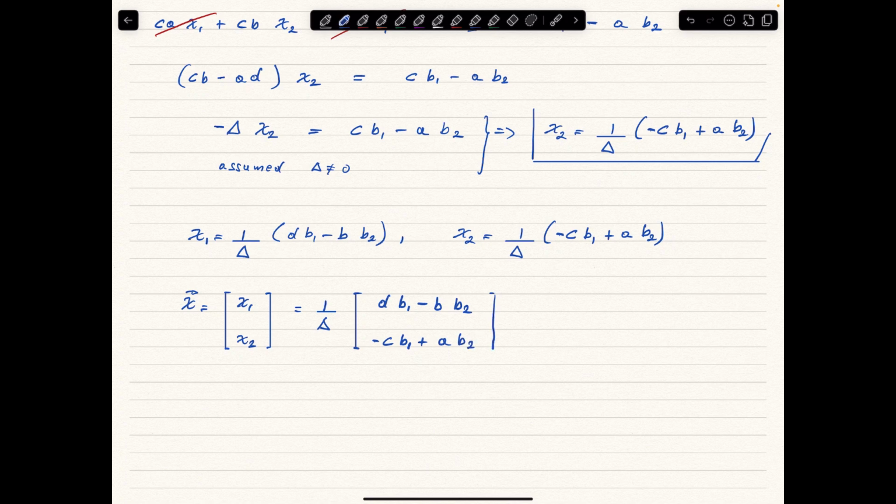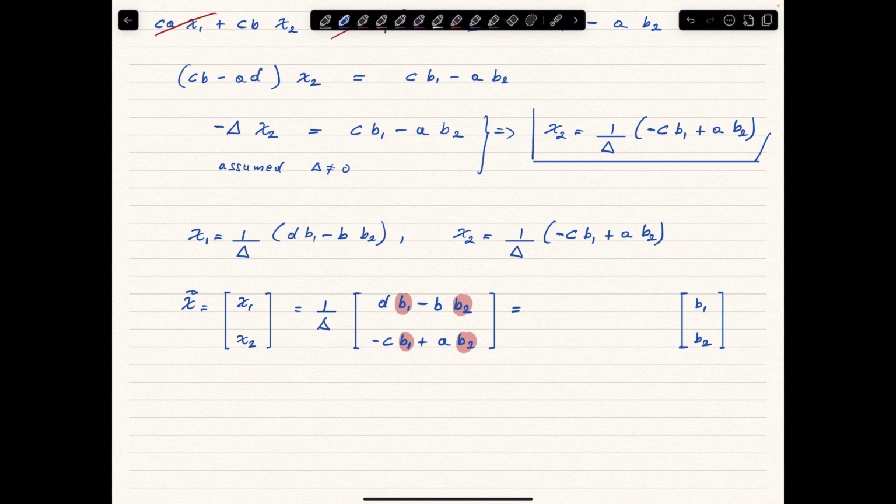But this clearly is a vector that depends on the vector b. Let's highlight the vector b, component b1, b2. This looks like a matrix vector product of the vector b, here with component b1 and b2, and something else, a matrix.